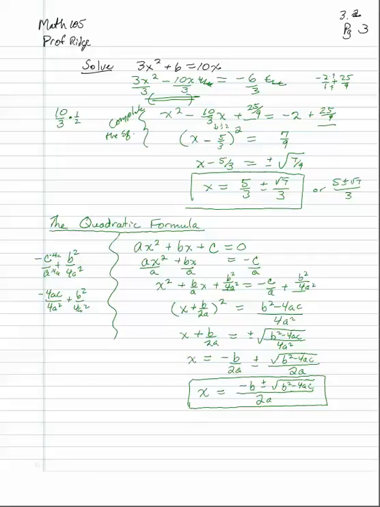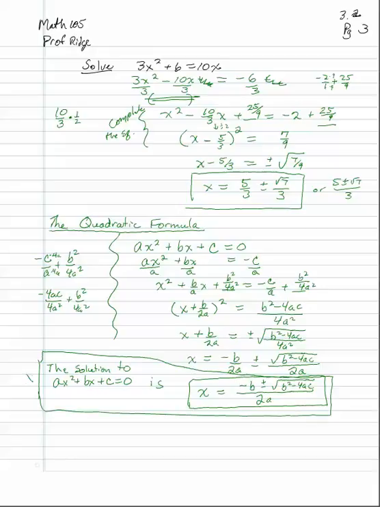So the solution to ax squared plus bx plus c, now it has to be in standard form, is that box there. So that's the quadratic formula. We want to memorize that formula.